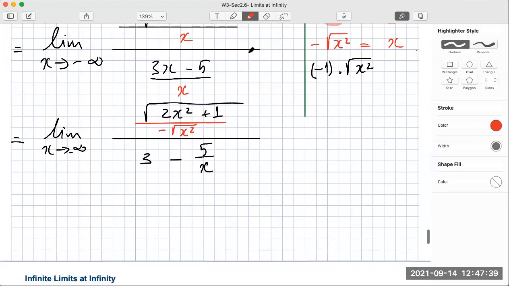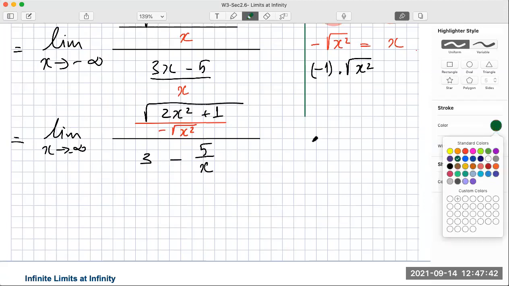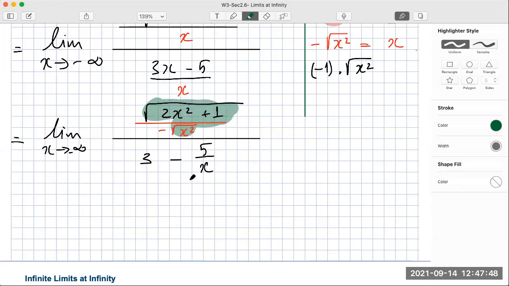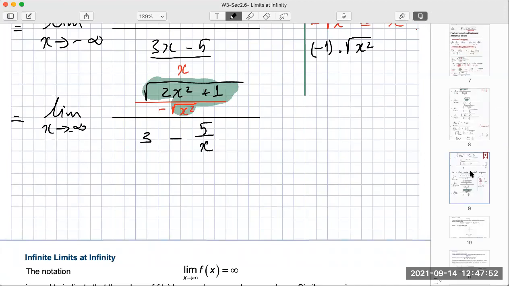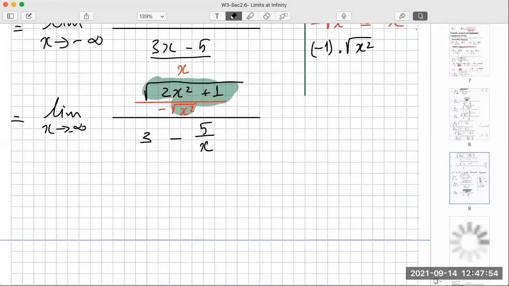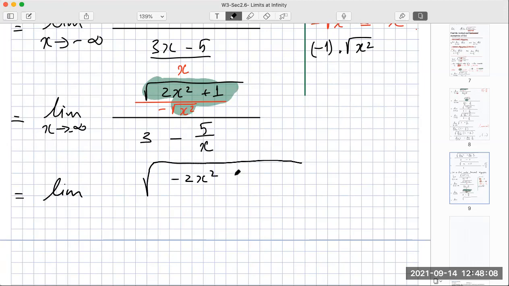And again, we deal with this product. Be careful.